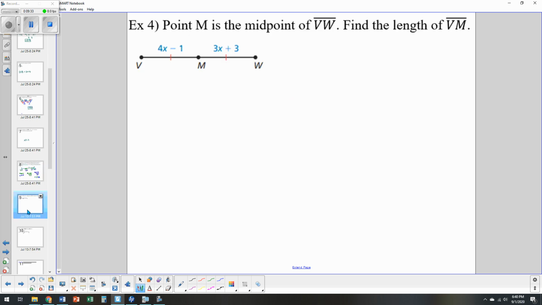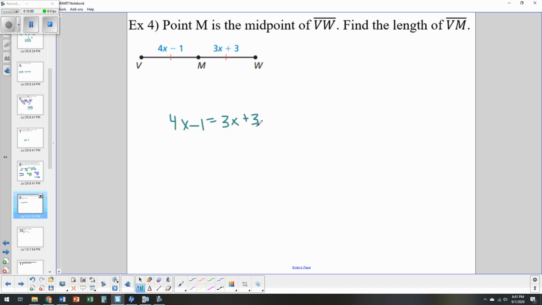All right, moving on. For example 4, point M is the midpoint of VW. We want to find the length of VM. So by telling us that M is the midpoint, we know that VM and MW are congruent. And since I have values for both of them, I can set them equal to each other. So 4x minus 1 is going to equal 3x plus 3.